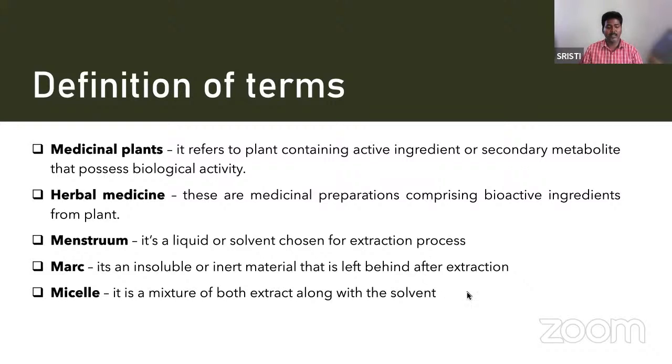Next, marc. Marc means the insoluble or inert material that is left behind after the extraction. So normally we extract with different types of solvents, and the residue, the plant material or whatever is left behind, is called marc. And miscella is the solvent that is used for extraction along with the extract.